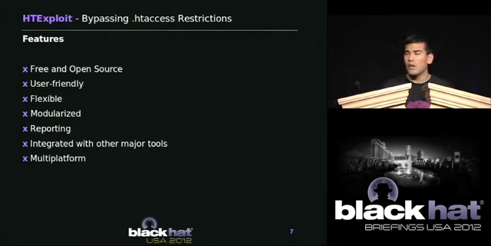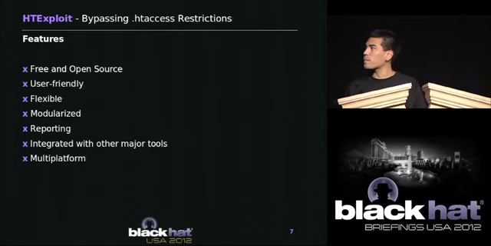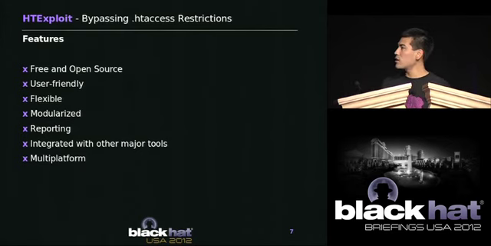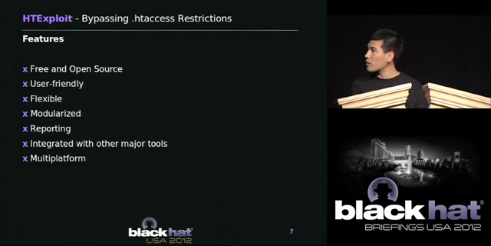The main features of this tool: it is free and open source, and if you want, you can collaborate. It's user friendly, flexible, modular, and integrates with major tools. In the next version, we'll be integrating with Nmap, Metasploit, and it has a funny report.